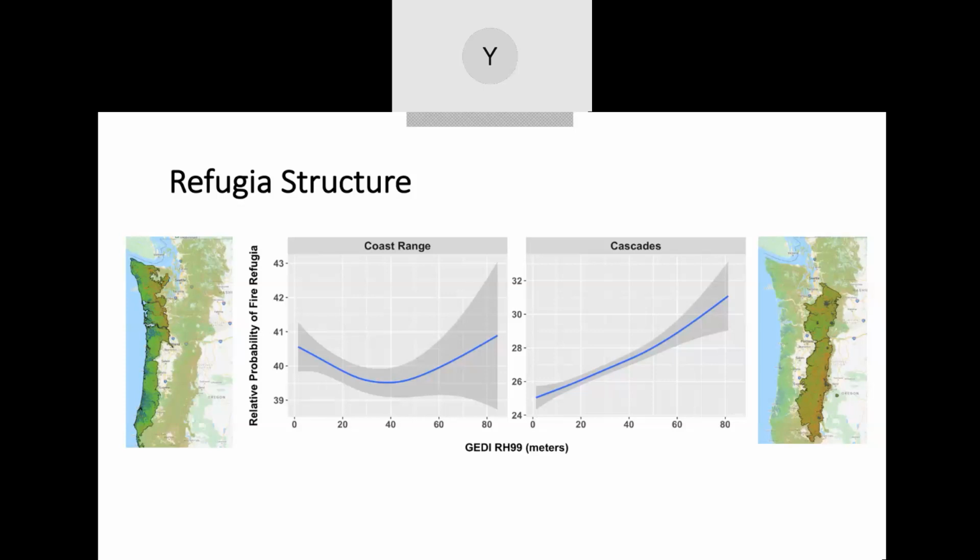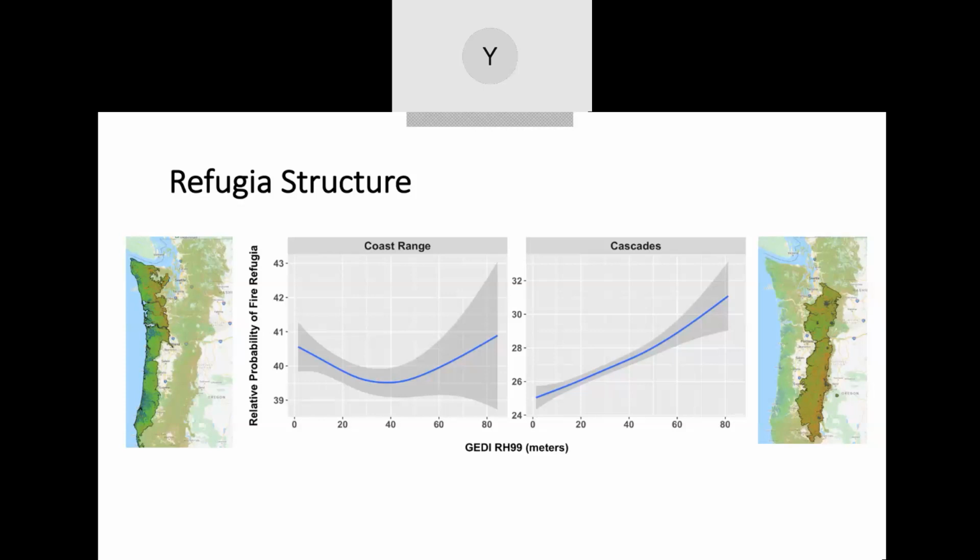So we look at two ecoregions, the Coast Range and the Cascades. On the Coast Range side, we don't know exactly how to interpret this yet. Please also notice the wider shaded area, the larger uncertainty for the taller trees in the Coast Range.